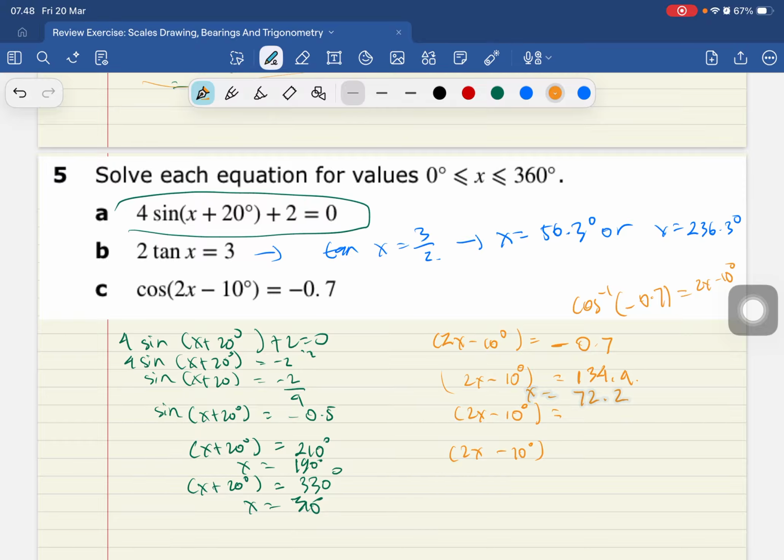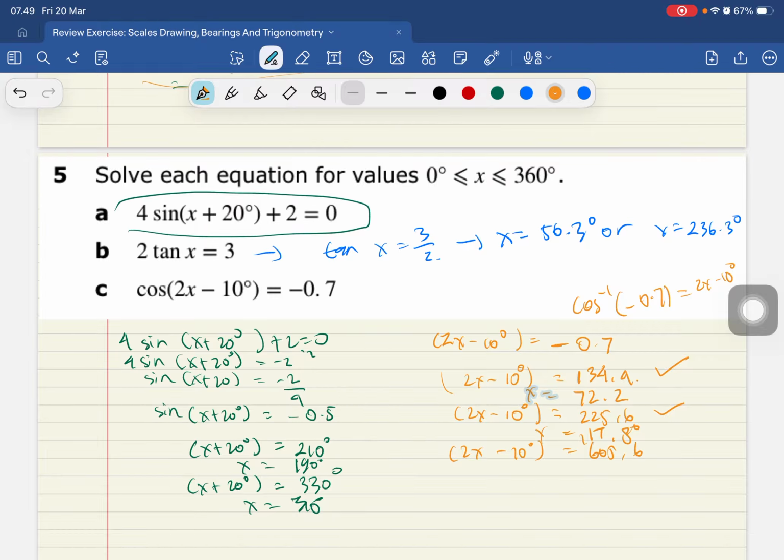Okay, next 107.8 times 2. Okay, next we go 225.6. So for x we plus by 10 then divided by 2, so we'll got 117.8 degrees. Okay, next we got 297.8 times 2. Next we got 605.6.